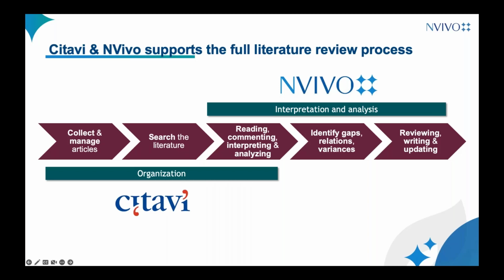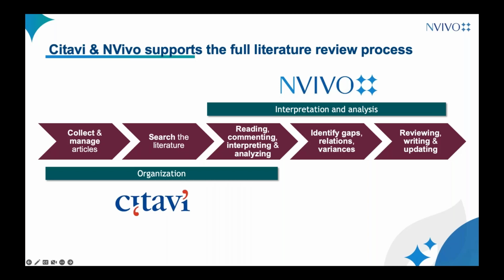So Citavi, now with the newest version, you can export to NVivo. And what's interesting and what's also different to how you would import references before is that it takes all these knowledge organizer items with it. So any categories that you've used, any direct or indirect quotations will be brought into NVivo as codes, for instance.